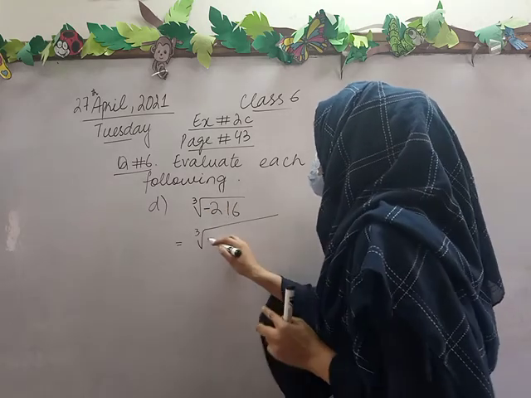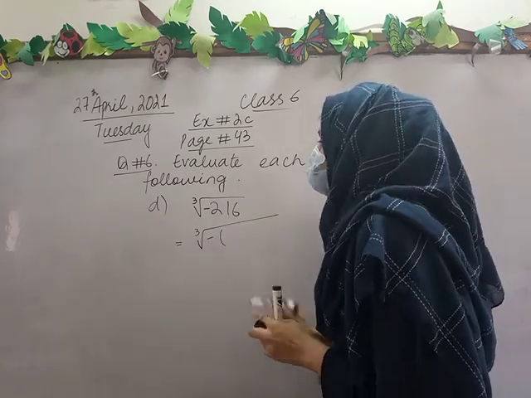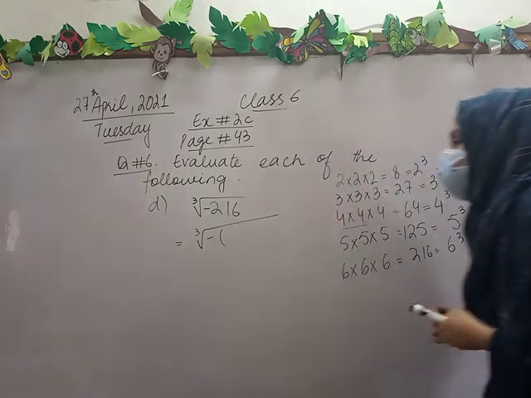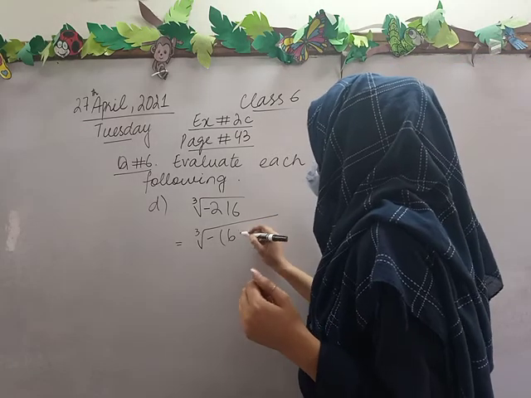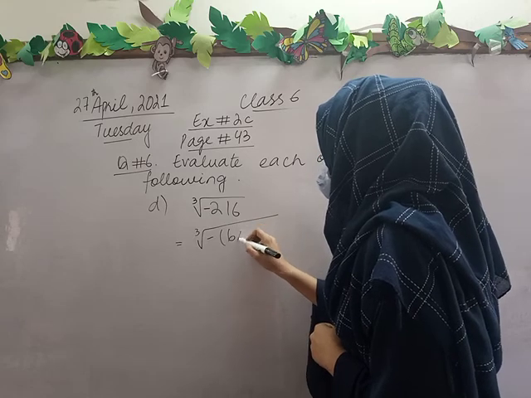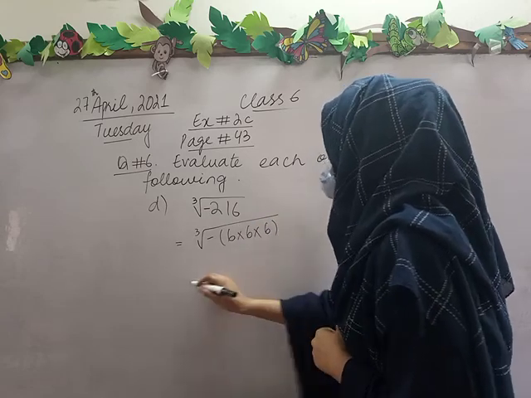Now look, what do we have in the bracket? Minus inside the bracket. So we will write the minus sign as it is. And what is the cube of 216? Yes, class, 6 power 3, 6 multiply 6 multiply 6.